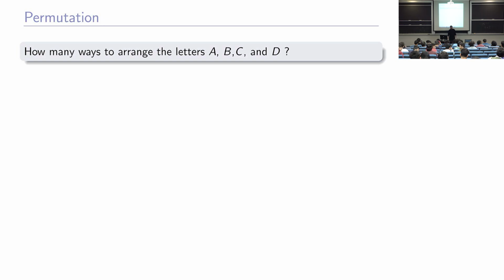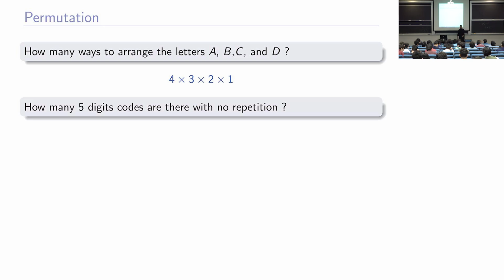So how many ways can you arrange these letters A, B, C, D? 4 factorial. 4 times 3 times 2 times 1, right? 4 boxes, fill up the first one with any of 4.